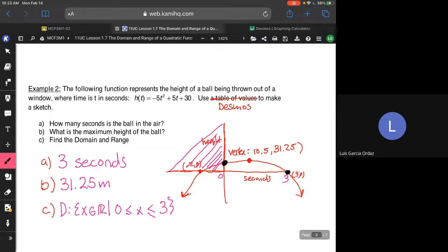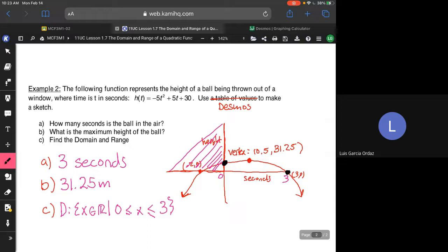You guys understand why the domain has to be between 0 and 3? Normally, what would my domain be for a parabola? Normally, without these restrictions, x ∈ R. But because we're dealing with time, we have to put these restrictions.